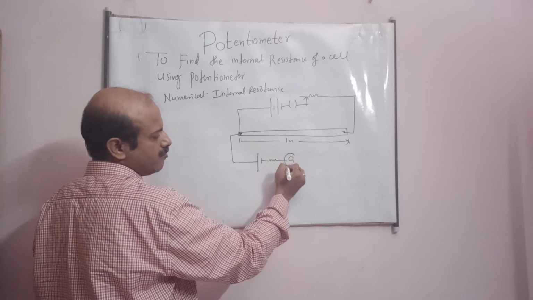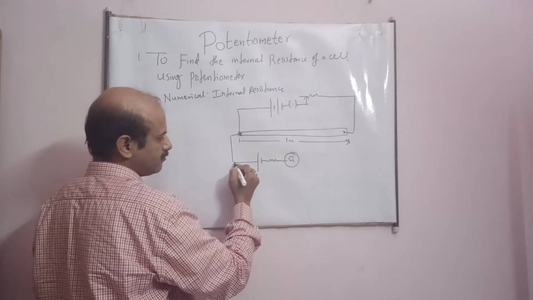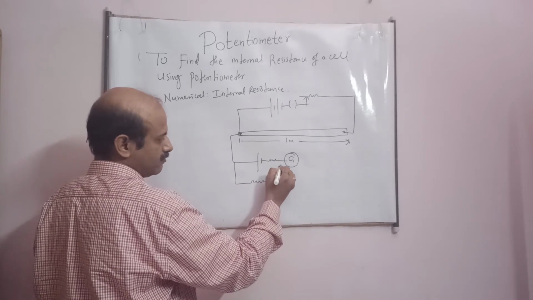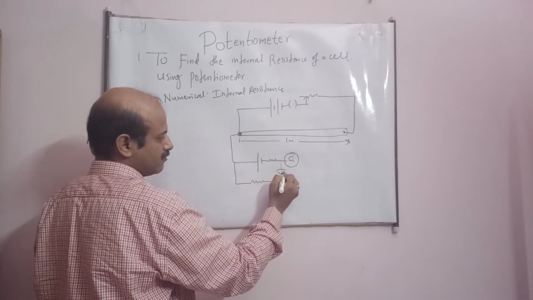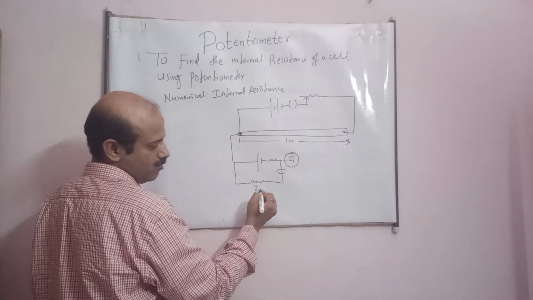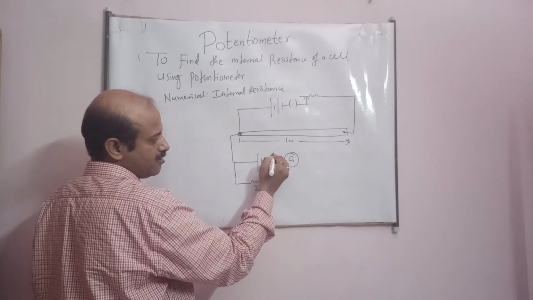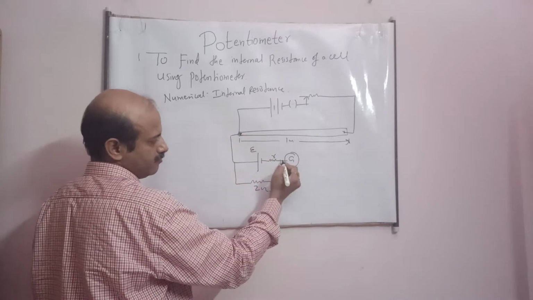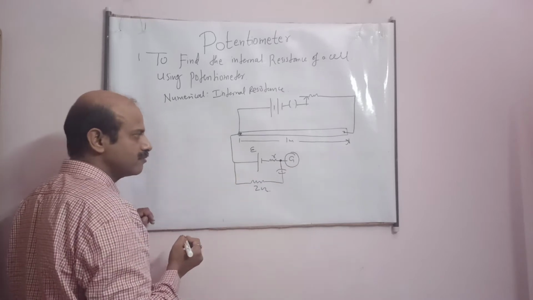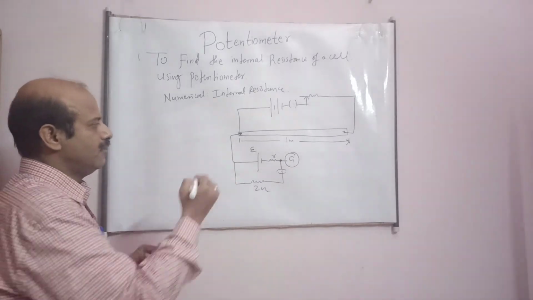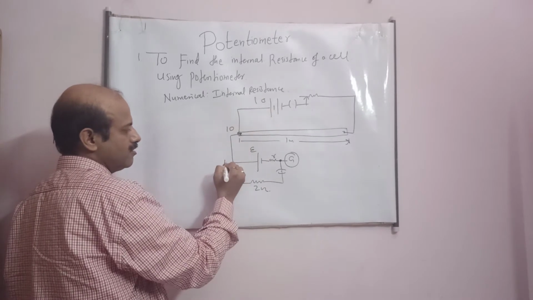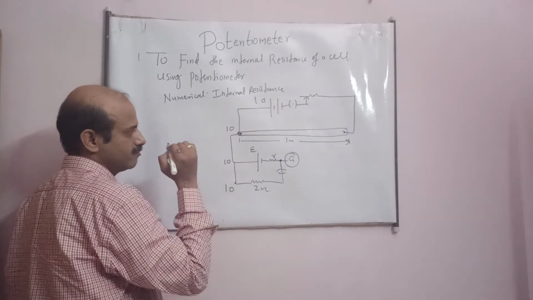Here the resistance box I am not showing. This I am taking as 2 ohm, this is the internal resistance. This is 10 volt.